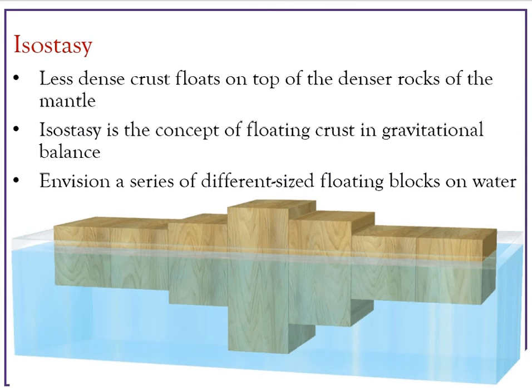The last thing I would like to talk about is isostasy. When we think about a series of different sized blocks floating on water, we will imagine that parts of those blocks are going to be above the water and parts of them are going to be below the water. And the ratio between the parts above and below the water is going to be defined by the density and size of these blocks.